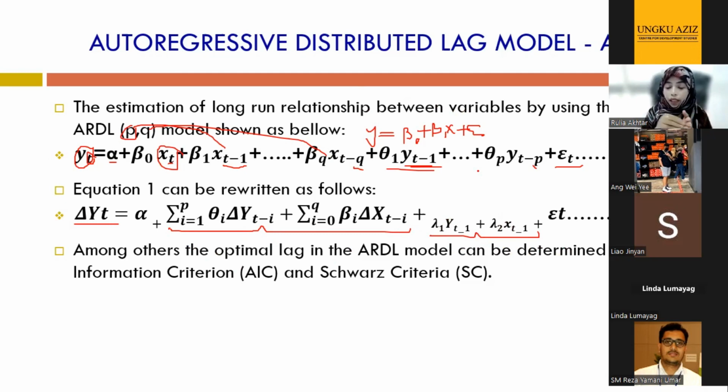There are different types of selection criteria. Commonly we can use the Akaike information criteria or the Schwarz information criteria. In this workshop, we will use the Akaike information criteria. The lower the value, the better the model.